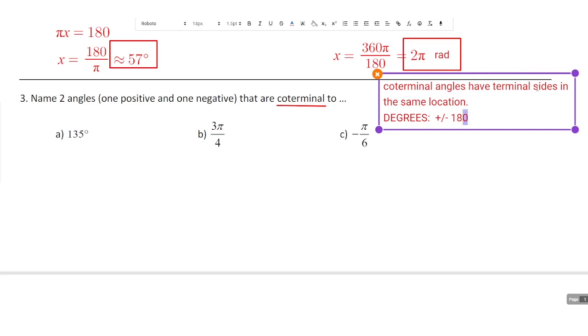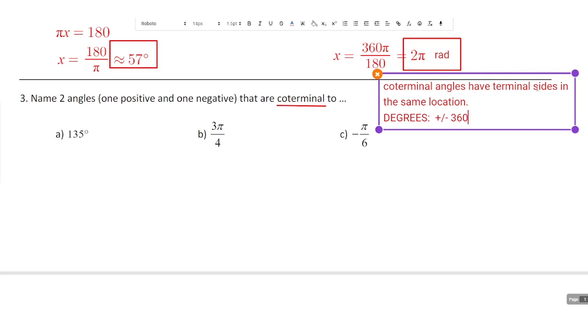Oh, what am I saying? 180? No. 360, geez. Adding or subtracting 360 degrees, or any multiple of that. So you could add or subtract 720, or what would be the next one? 1080, I think. 360 times 3, I'm doing too much arithmetic in my head here. I think it's 1080.